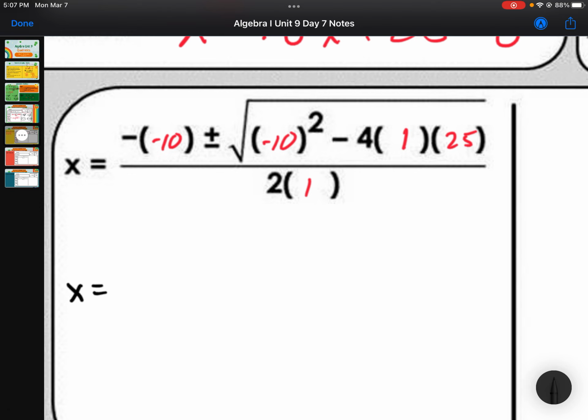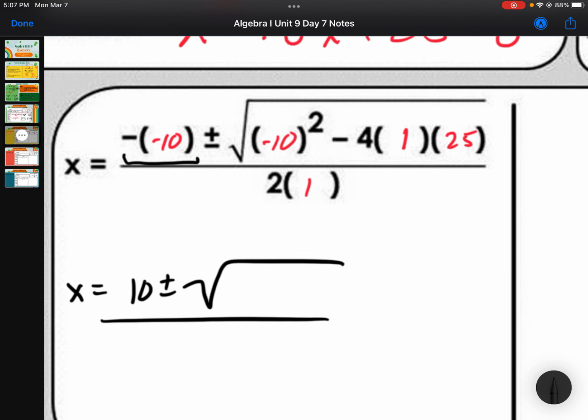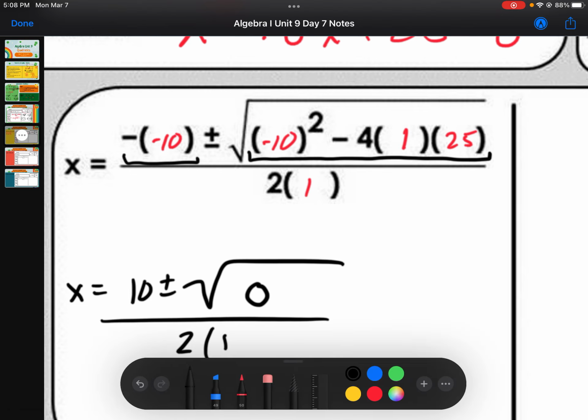I have x equals negative 10, that's positive 10, plus and minus square root of negative 10 squared minus 4 times 1 times 25, that comes out to 0. All divided by 2 times 1, which is just 2.